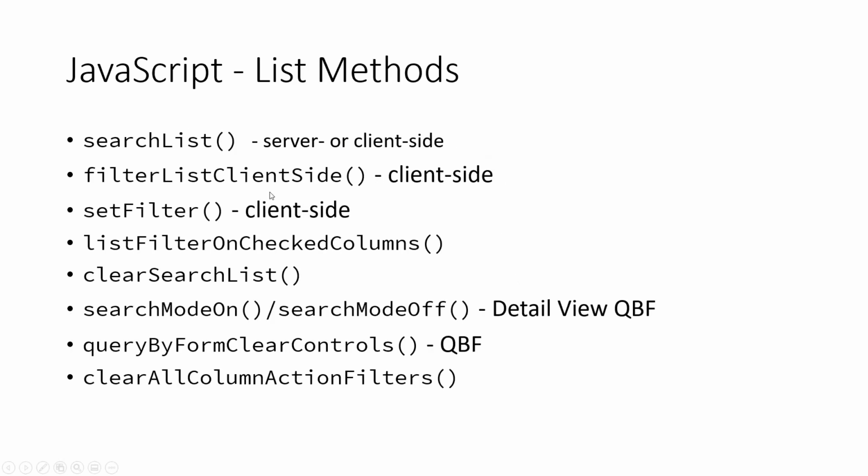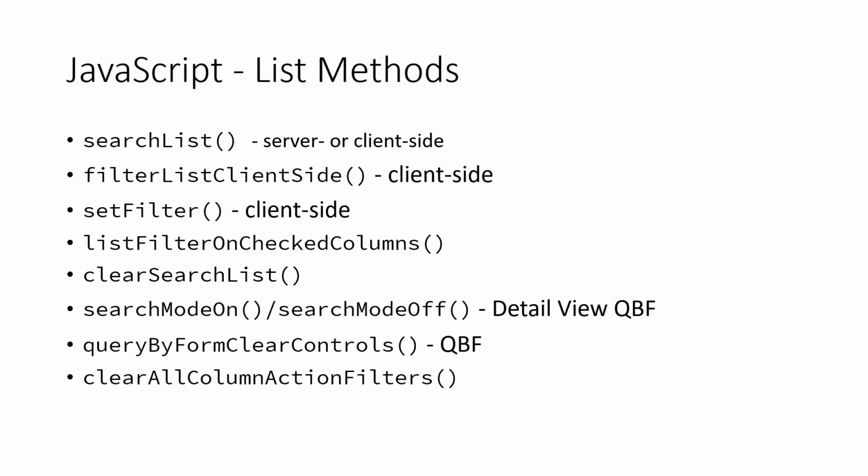And these are list methods, so you have to get a pointer to the list object first before you can call them. But a few others that I wanted to call out here too are search mode on and search mode off. This is used with that detail view. If you've turned on QBF syntax for searching, you can use those methods to toggle between search and regular detail view, as well as the query by form clear controls is what you would call to clear the search on that.